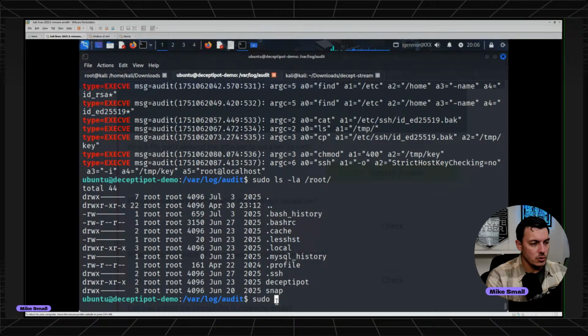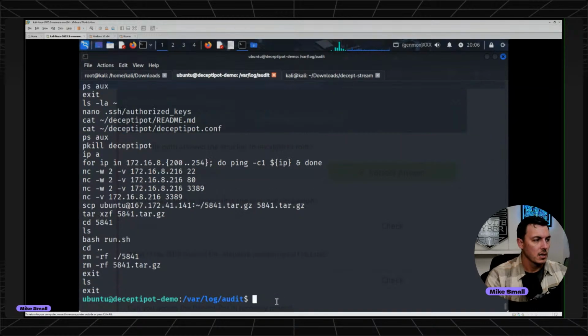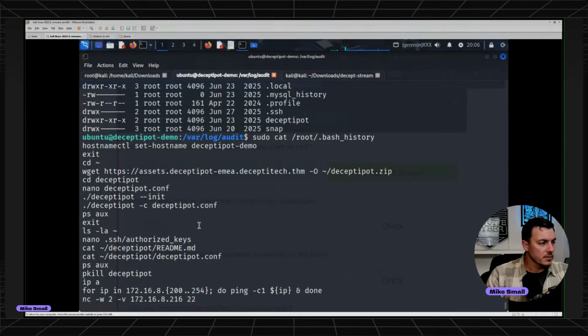So we can say sudo cat root's .bash_history. Won't let me autocomplete. Sad face. All right, basically this is everything that the user did. We should be able to get an understanding of what they did.